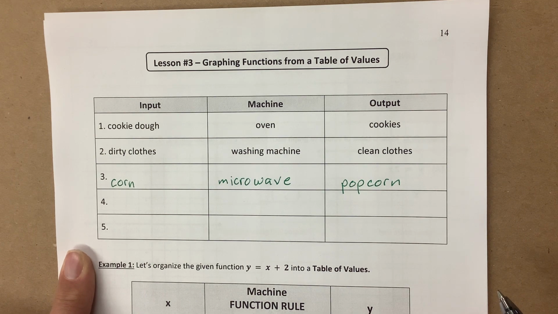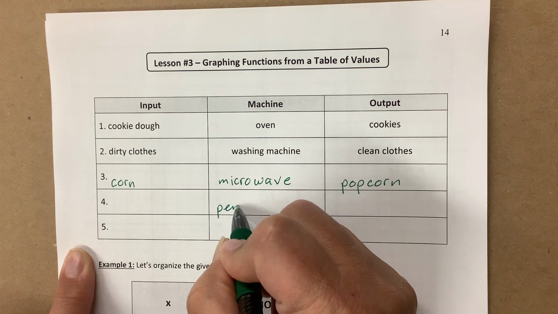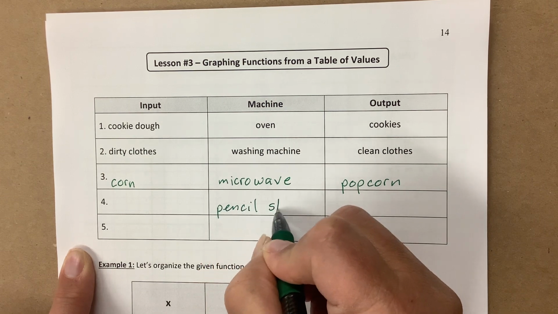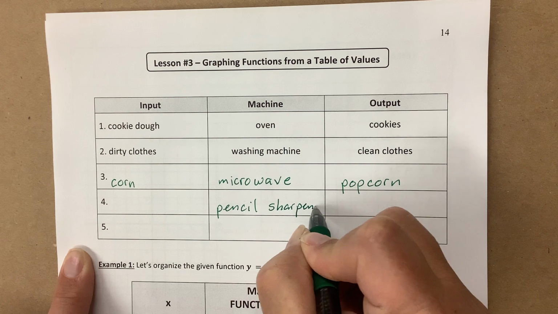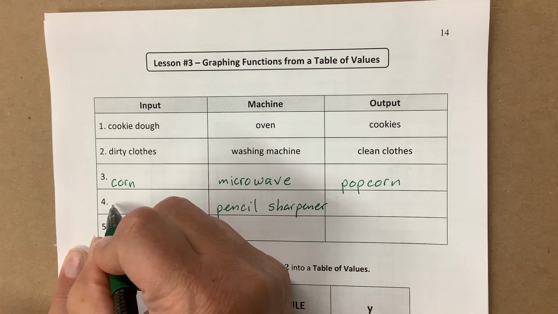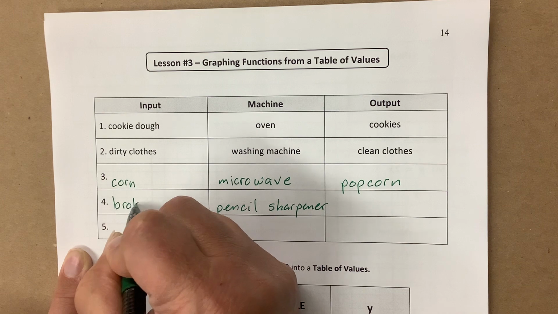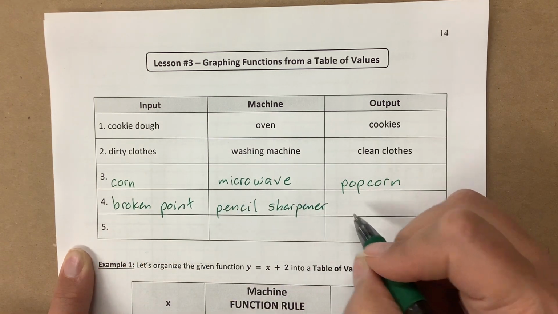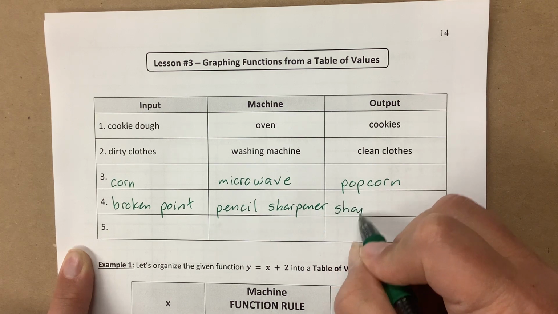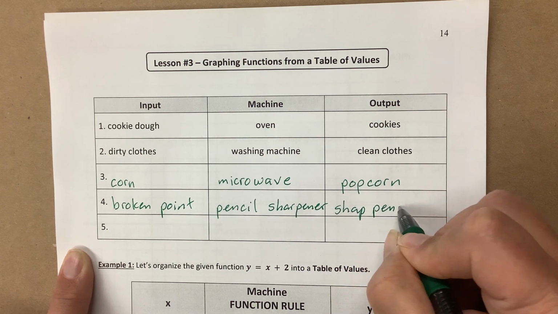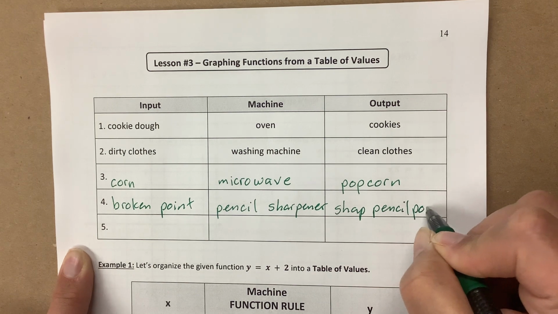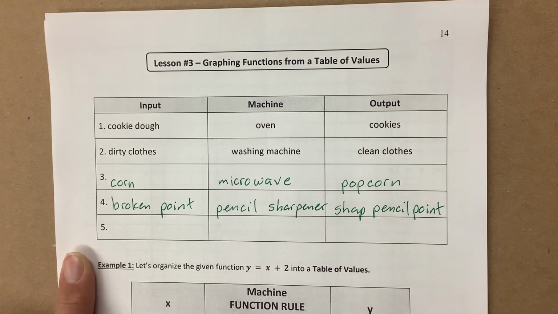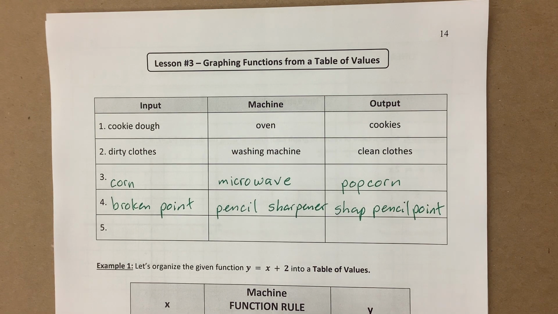So, type of machine. Oh, I know. How about a pencil sharpener? What does that do? It takes a broken pencil and changes it into a sharp pencil. Okay, what's another machine? It could be something simple.